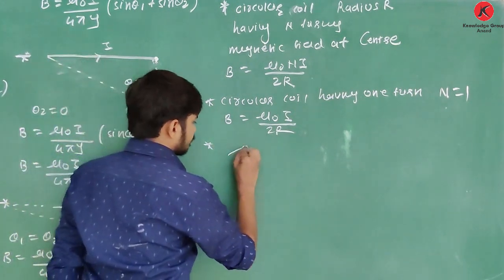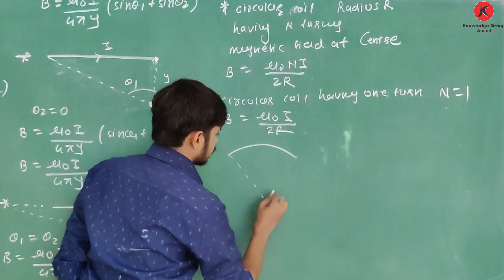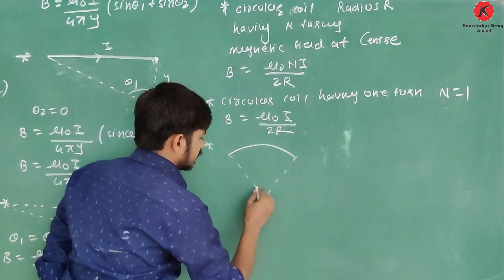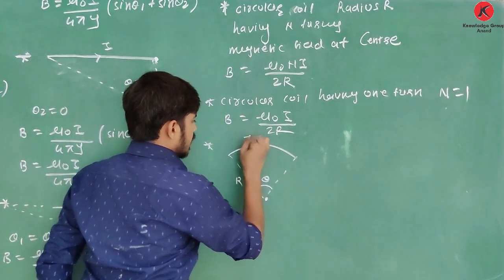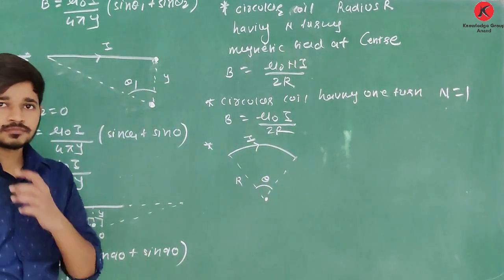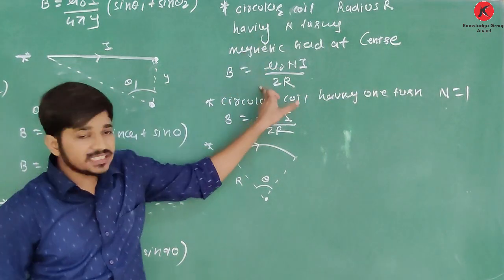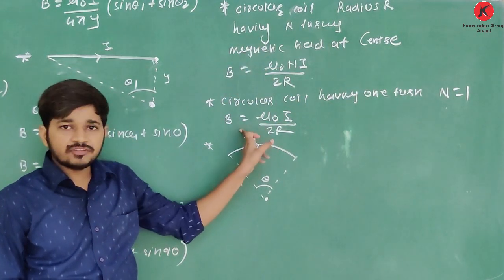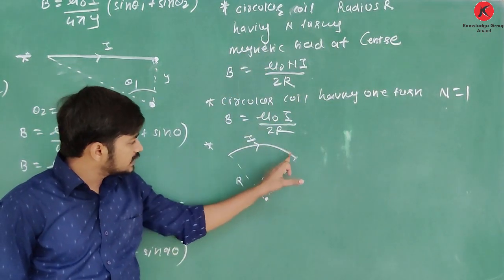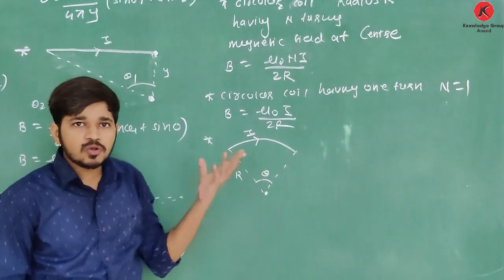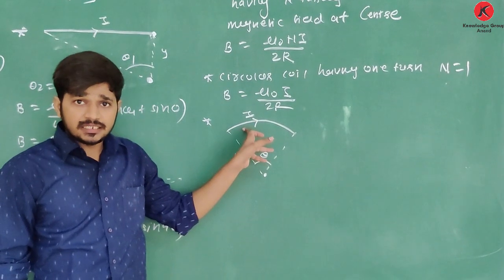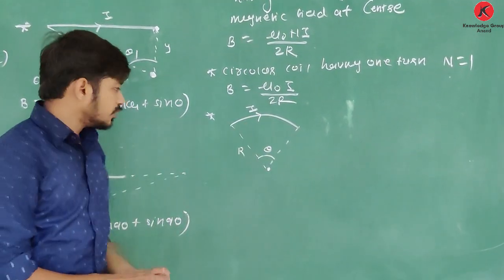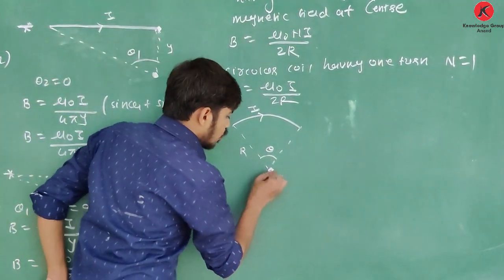Now if I have one arc, with center, it makes angle theta, it has radius r, and current I flows through it. For n turns it is this equation, for one turn it is this equation, then for angle theta, what is the equation of magnetic field? Yes, a current carrying conductor produces magnetic field. Then what is the magnetic field at center?